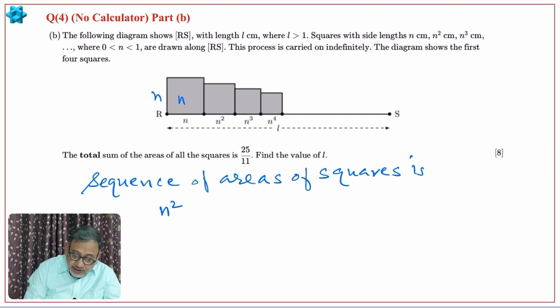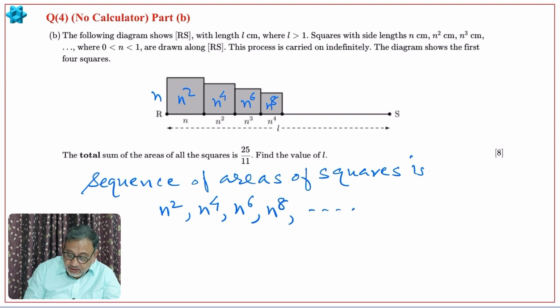See here n and n, so n square, here n square and n square, so n to the power 4, n cube and n cube, so n to the power 6, n4 and n4, n to the power 8, okay, n square, n4, n6, n8 and so on. Again this is geometric sequence, so where u1 is n square, r is n to the power 4 divided by n square.